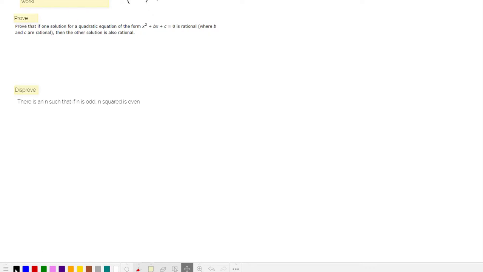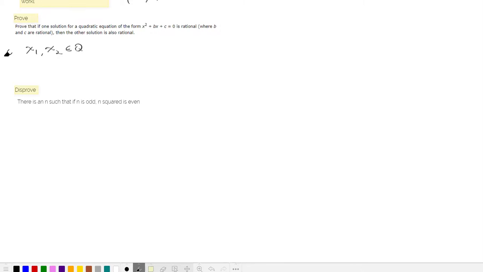So I'm going to pick a generic but particular value of root. I'll call one root x1 and the other root x2, and I'll say that these are both elements of the rational numbers. And notice it's given that b and c are also rational.